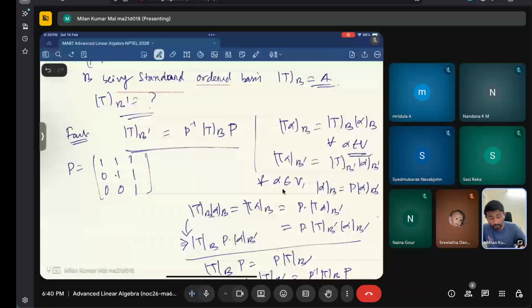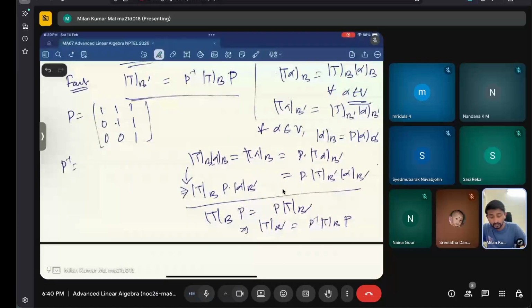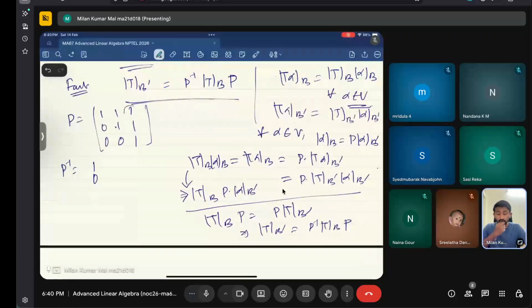So let me do the inverse. The first term will be 1 minus 0, 1. The second term will be minus this and this. This will be 0 corresponding to this term, and 0 again. Now corresponding to this term, the signs go minus, plus, minus, plus, minus.